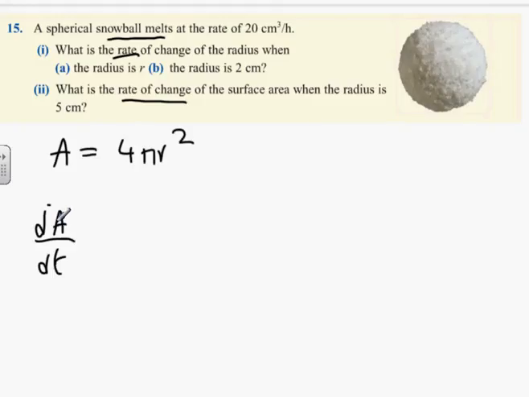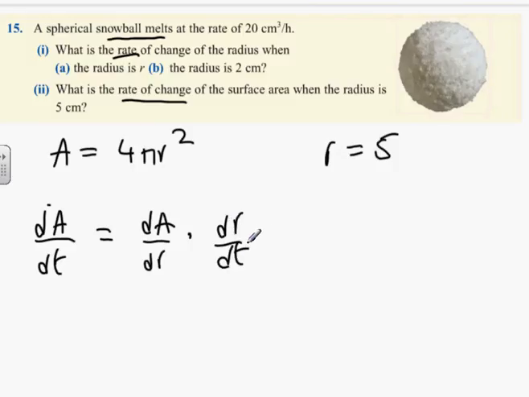Okay. dA/dt, when the radius is 5. So, dA/dt will be dA/dr multiplied by dr/dt. I found dr/dt earlier, didn't I? It was minus 20 over 4 pi r squared.